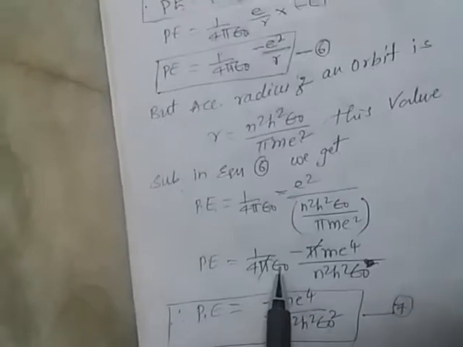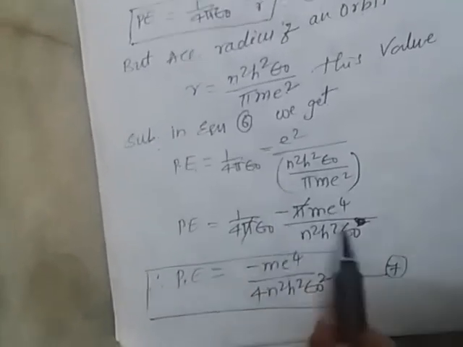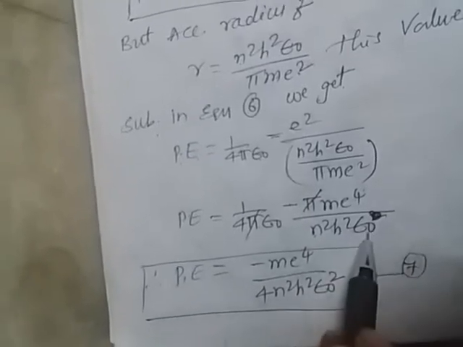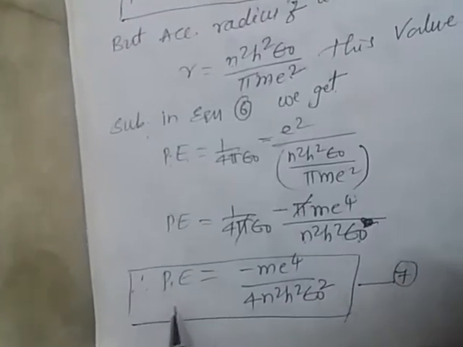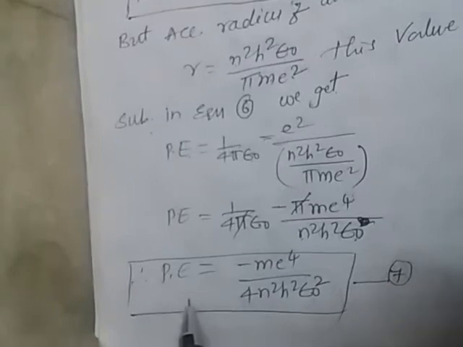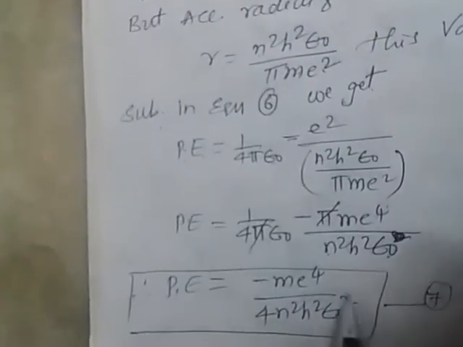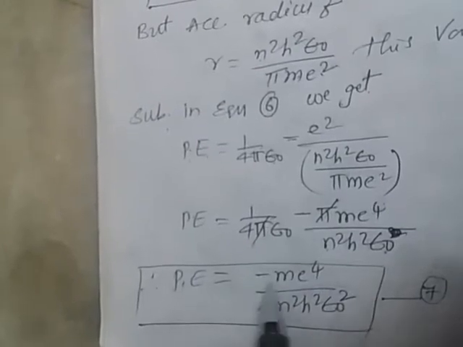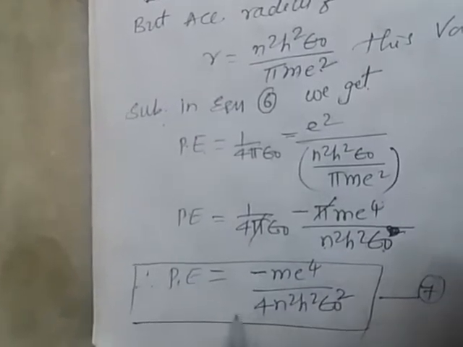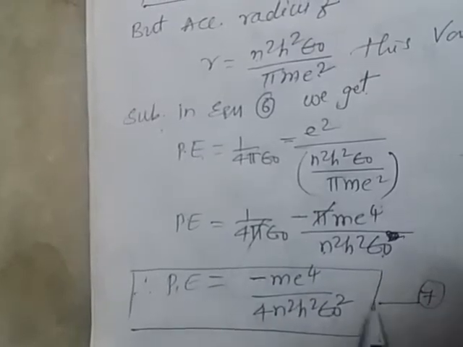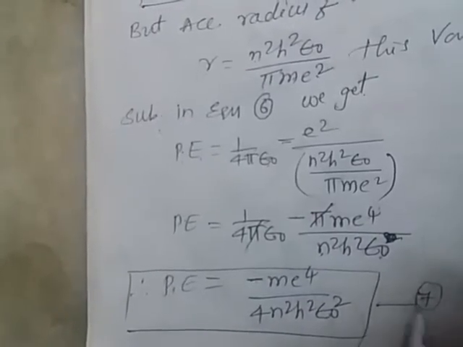So 1 by 4 pi epsilon naught into minus pi m e to the power of 4 by n square h square epsilon naught square. Therefore the potential energy of an electron is equal to minus m e to the power of 4 by 4 n square h square epsilon naught square, as pi gets cancelled. This is equation 7.